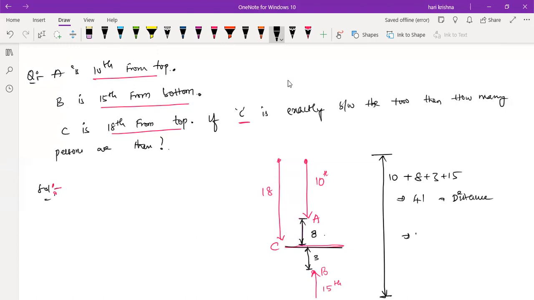If you want persons, distance minus 1, 41 minus 1 equals 40. Any doubts in this? Is it clear or any doubts?